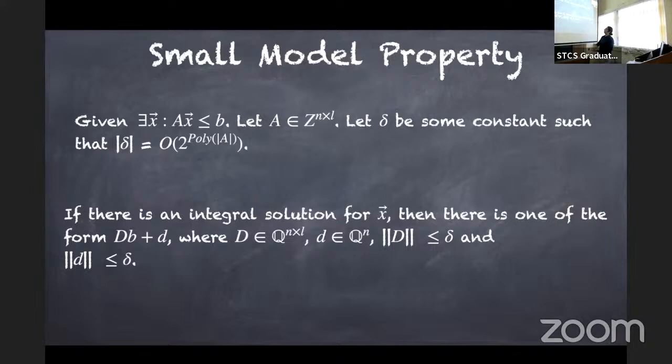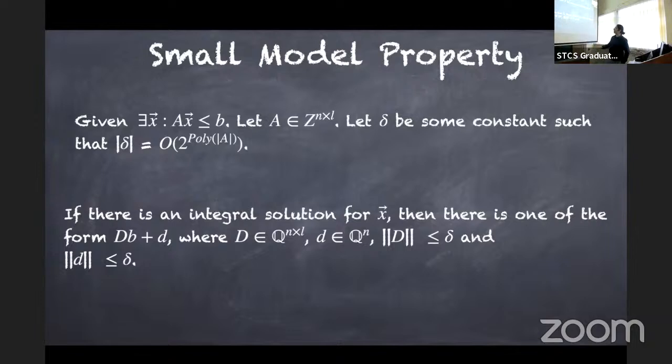So now the idea is, given there exists x with Ax less than or equal to b, let A belong to n cross L. Let delta be some constant such that delta is equal to order of 2 to the poly(A). This delta has something to do with A, but I'm abstracting that information. Now, if there is an integral solution for x, then there is one of the form capital D b plus small d, where capital D is a rational matrix of the form n cross L, and small d is a rational vector.